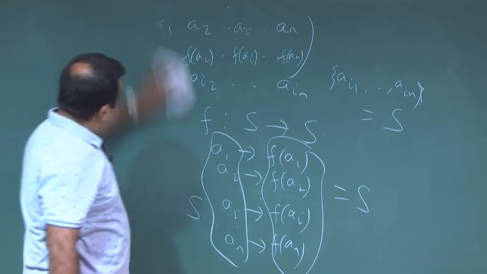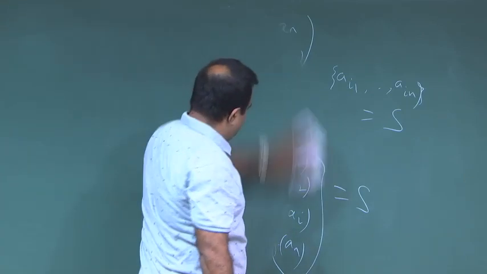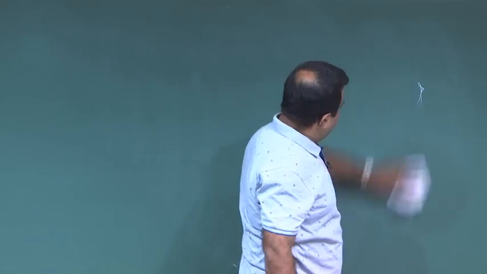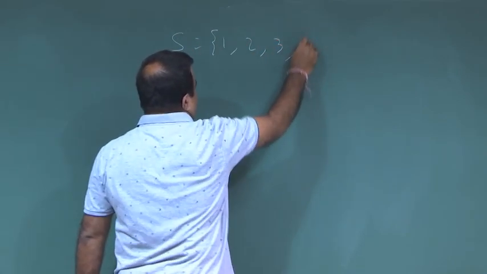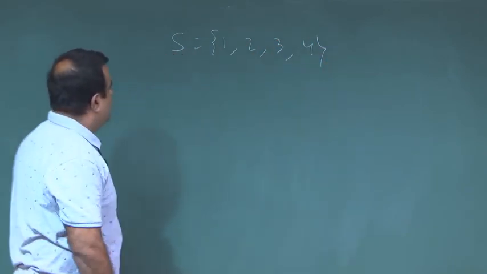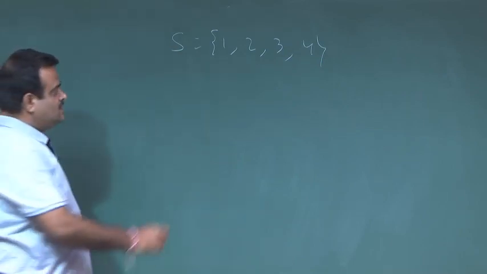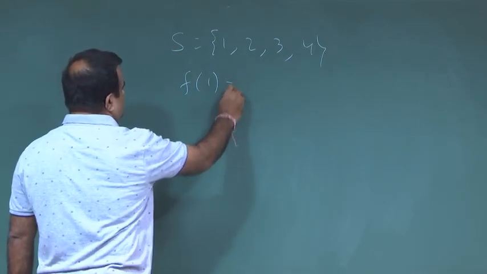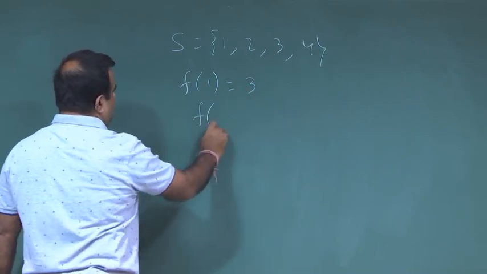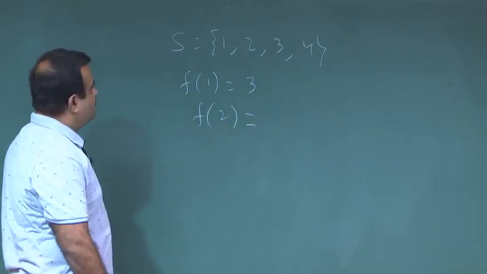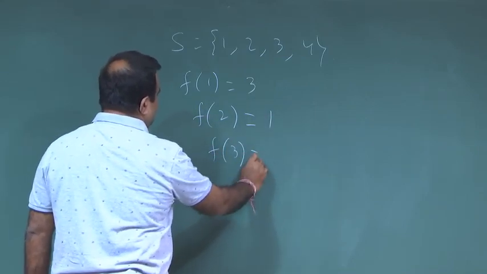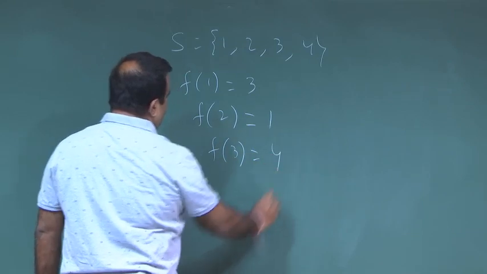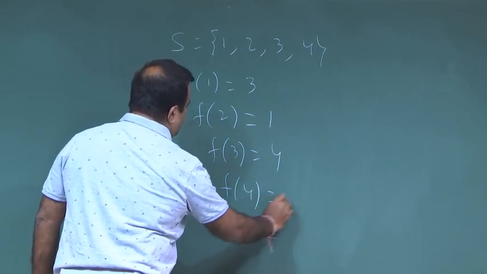We can take an example, like if we have 4 elements. Say S is {1, 2, 3, 4}, and suppose we have a bijective mapping like this: f(1) is going to 3, f(2) is going to 1, f(3) is going to 4, and f(4) is going to 2.